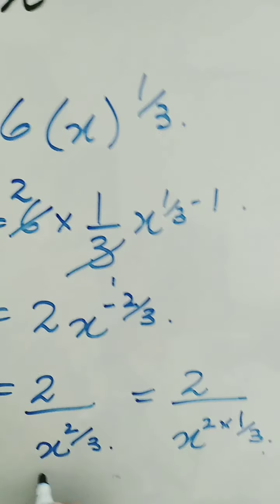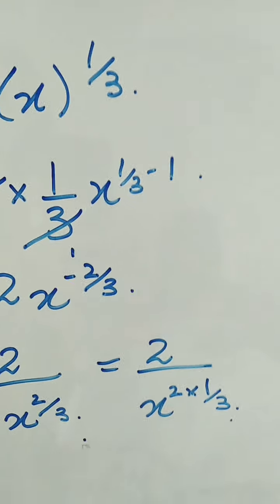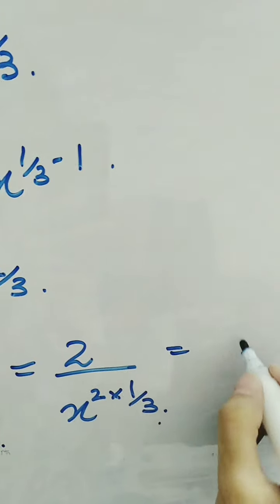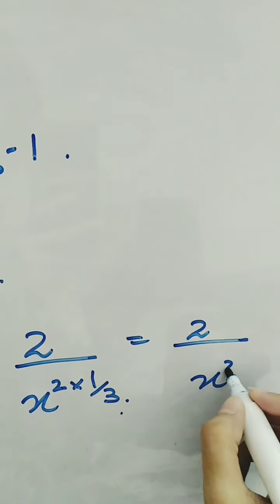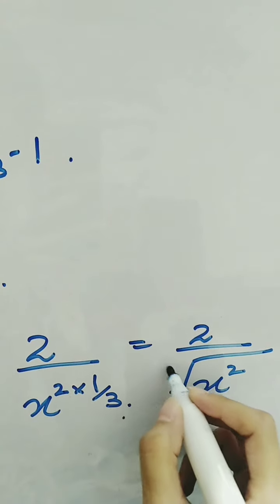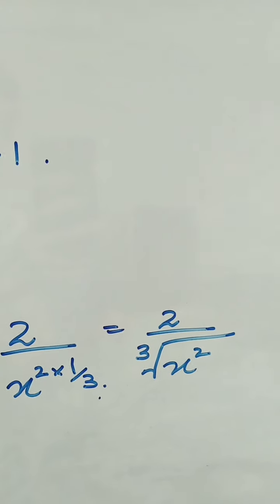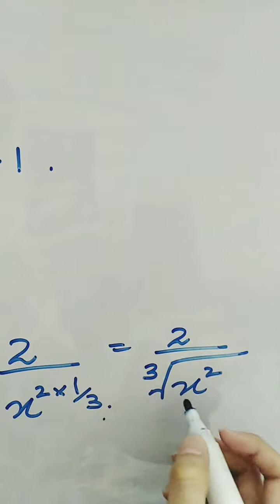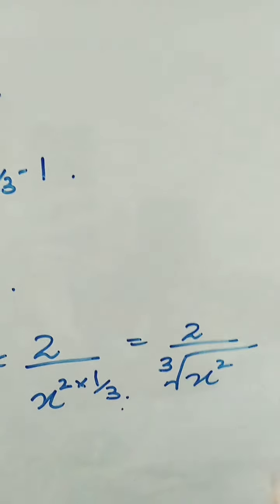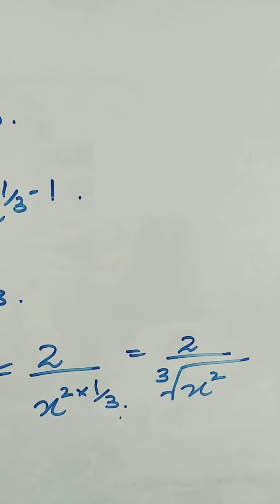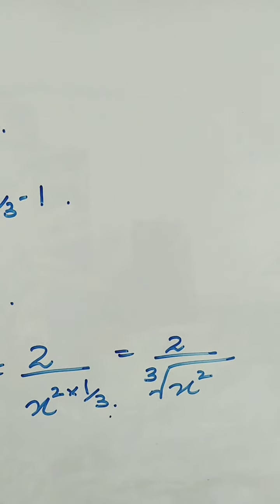This is similar to this, but now we can write it in the form of cube root. So we can write it as x square under cube root. This is our answer, as this is similar to this and this is similar to this. So we can write it in the form 2 over x square cube root.